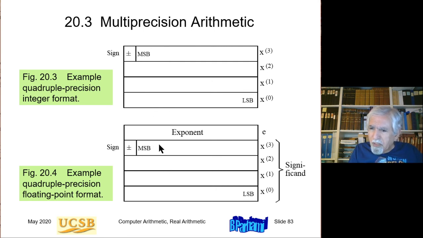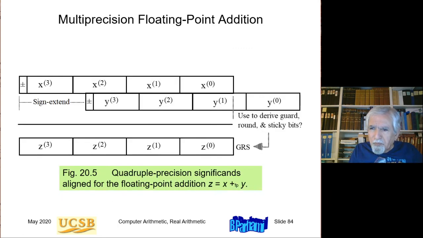We can do a similar thing for floating point, perhaps put the exponent in a separate word, and then the significand in several words, and again, you have to develop algorithms for various arithmetic operations.